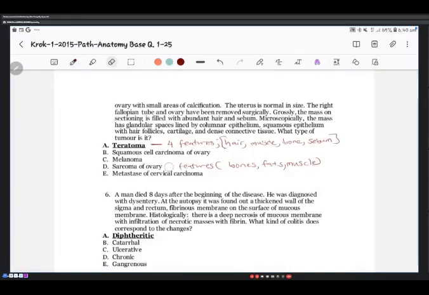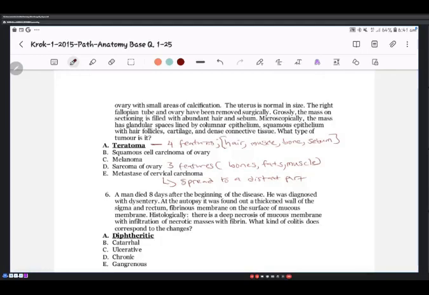So we have three features there. And metastasis of cervical carcinoma is just describing the spread of cancer to a distant part.